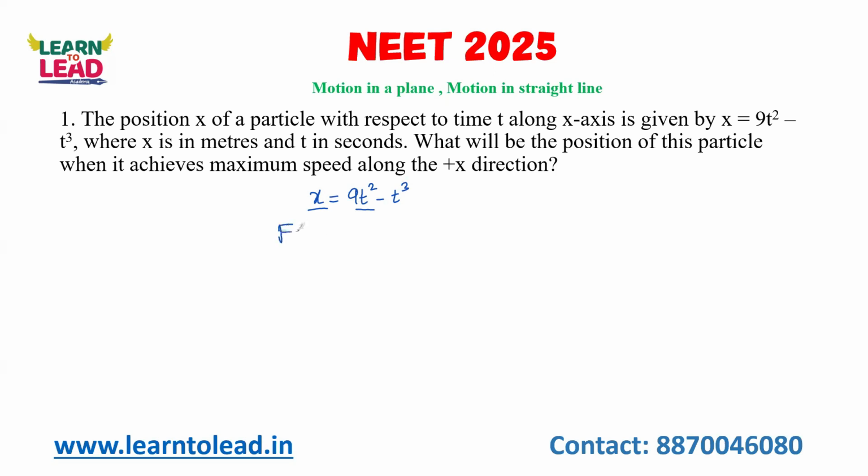You should know one key point: for maximum speed, you should make dv by dt equal to 0. This is the hint you should remember. Maximum speed means dv by dt is 0. How will you find dv by dt? First, they have given you the displacement.